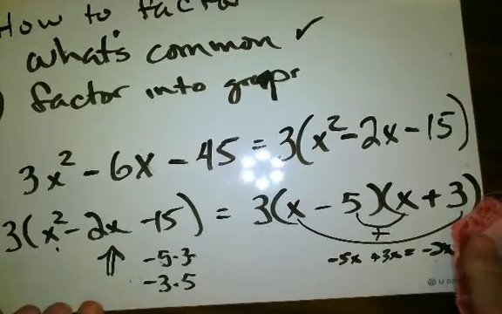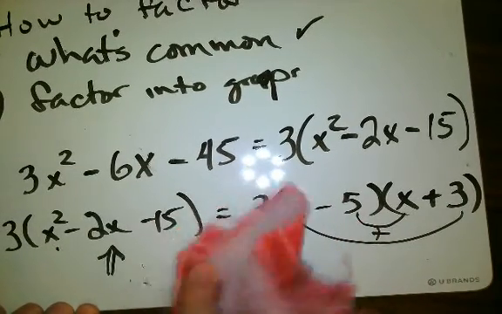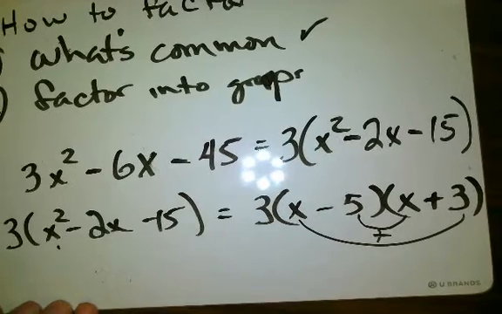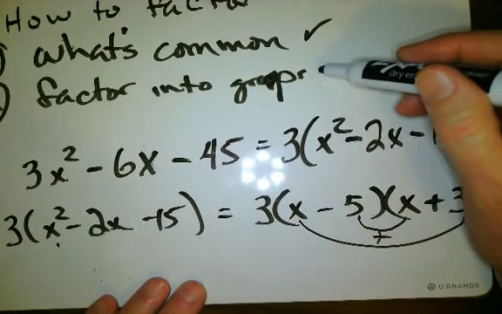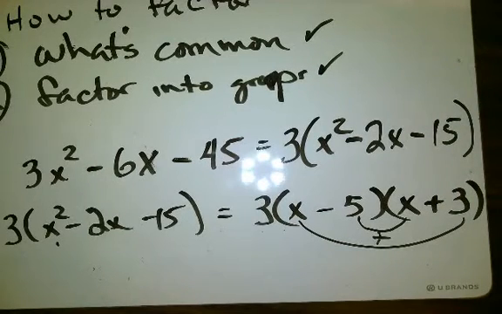So, there you have it: factoring what's common and then factoring into groups. So we did everything that you could possibly need to know about this. That's all. Thank you.